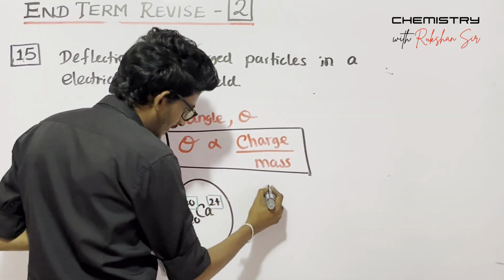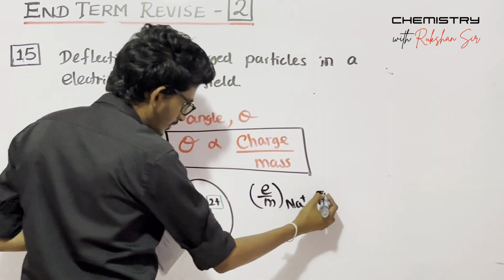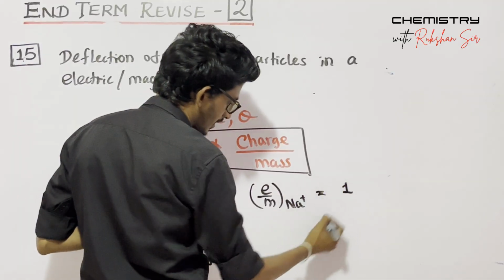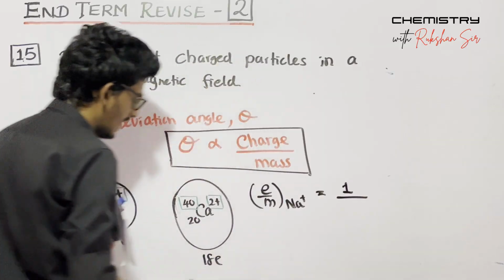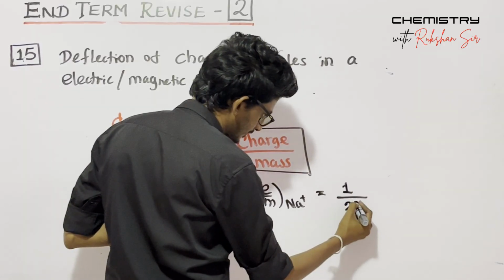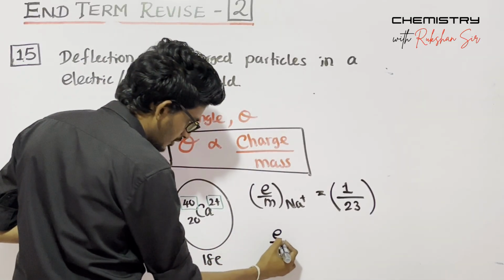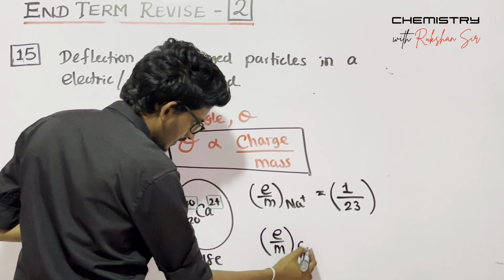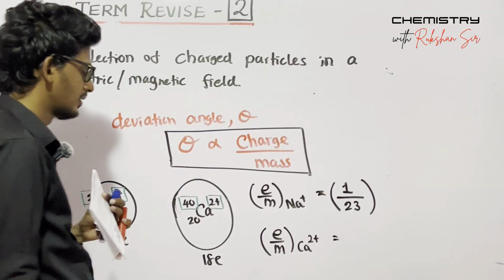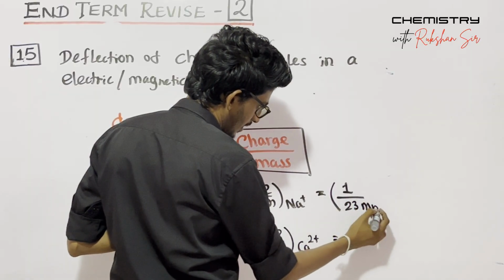First the e over m ratio for this Na plus: the charge number is plus 1, and the mass number is 23. For the e over m ratio of calcium 2 plus, we can say 23 of protonic mass.